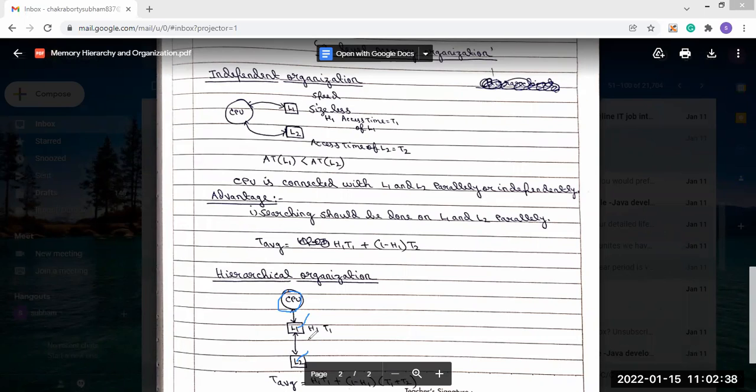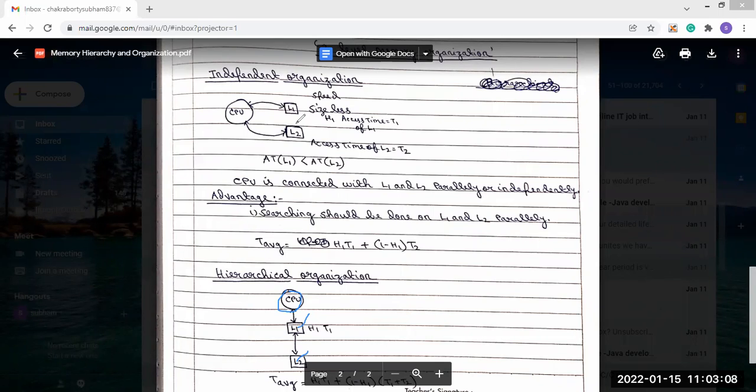But here, if the CPU wants to search some data, first it will search in the L1. If the data is not found in the L1, then it will start searching in the L2.